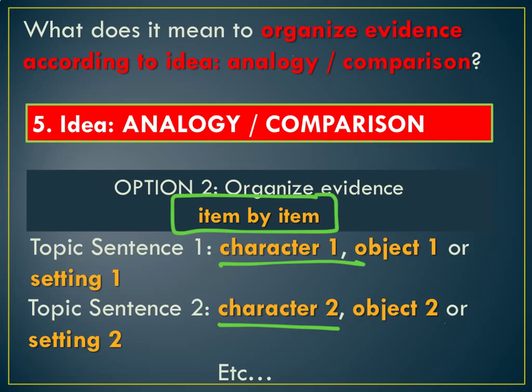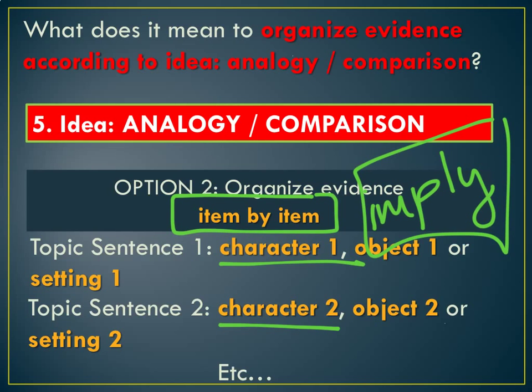In the first topic sentence and body paragraph, you're going to talk about Telemachus, and in the second topic sentence and body paragraph, you'll talk about Antinous. And so if you organize this way, you're pretty much going to imply the similarities between those characters. And that's probably a bad example because there aren't very many similarities between Antinous and Telemachus, but if you organize this way, you're definitely implying the similarities between them.